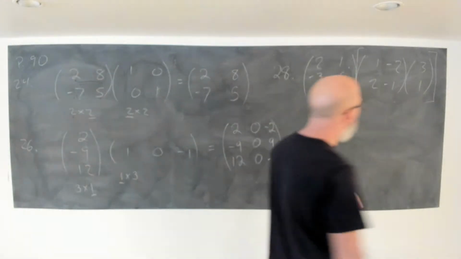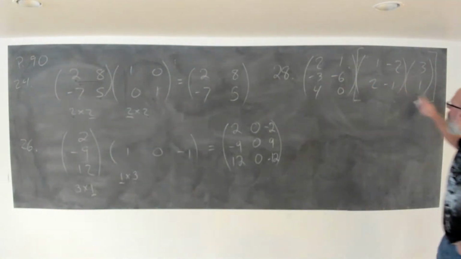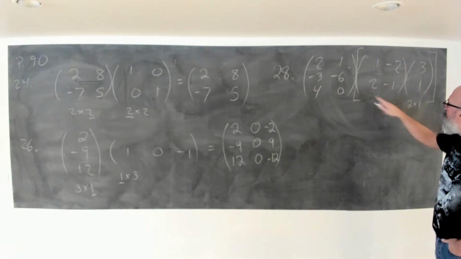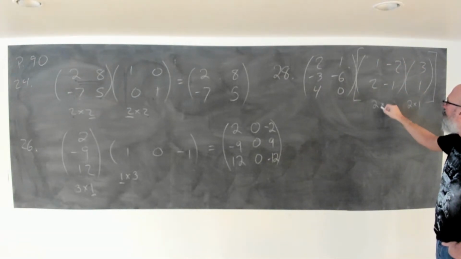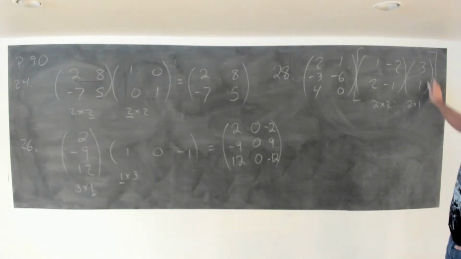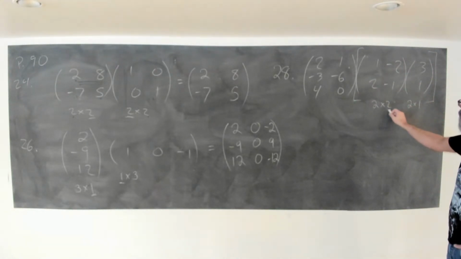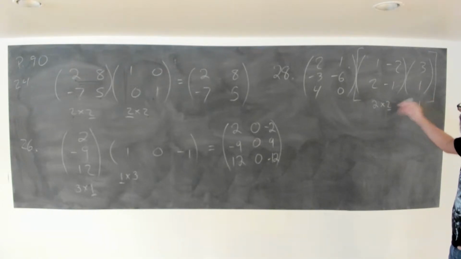About the sizes here. This matrix is of size 2 by 1, whereas this one is of size 2 by 2. So the resulting product of these two will be of size... First of all, the product makes sense, right?